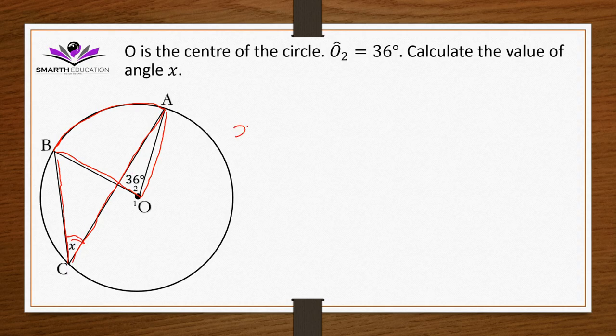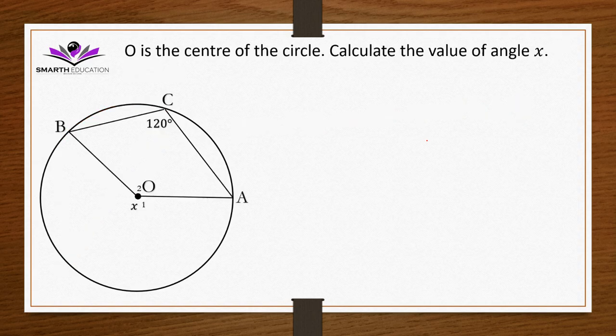So it means x is equal to 18 degrees. Why is x equal to 18 degrees? Angle at the center equals 2 times angle at the circumference. Okay, right, perfect. I think this one we have managed to understand now.